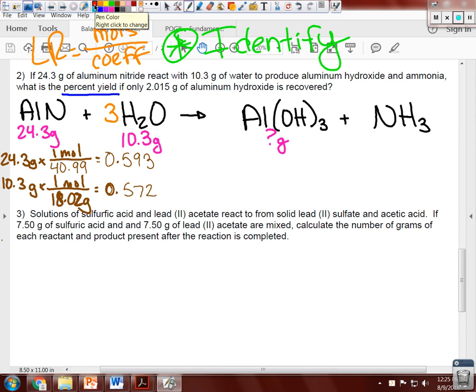Now, you guys are intelligent enough to know at this point what is going to be our limiting reactant. The bottom one. You can tell that simply because, number one, it's already less, so what are we fixing to do to it? We're going to divide it by 3. So we're going to divide the top one by 1, and we're going to divide the bottom one by 3. So that automatically tells me that water is my limiting reactant.